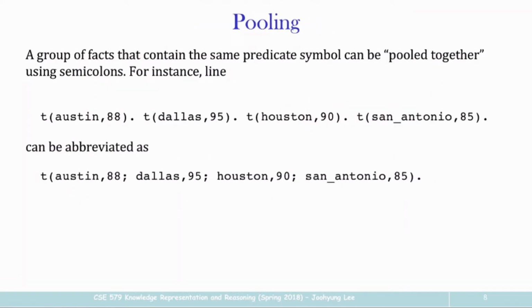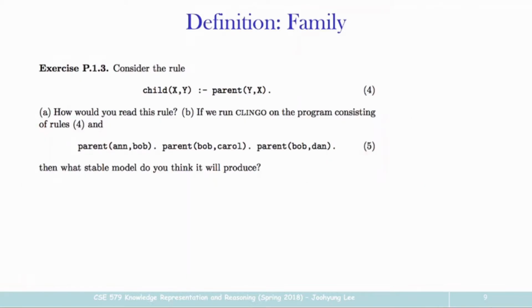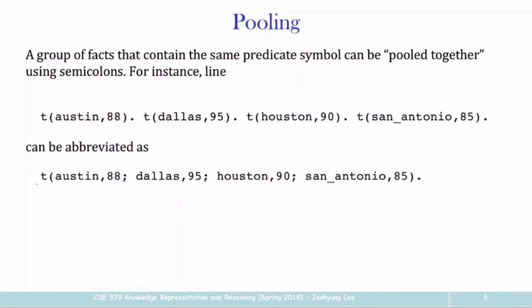There are some other tricks, like pooling, which is not very theoretical. If you have to repeat many atoms, you can basically write only one atom. So if you have this table that you saw before, you can just write one T with a semicolon-separated list. This is just some convenience.